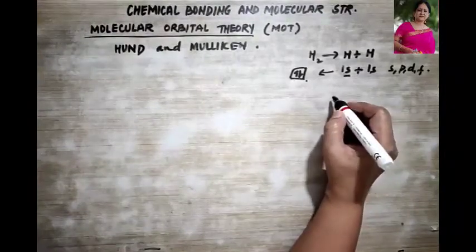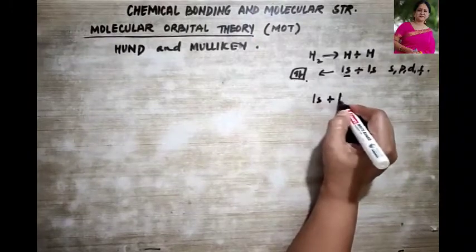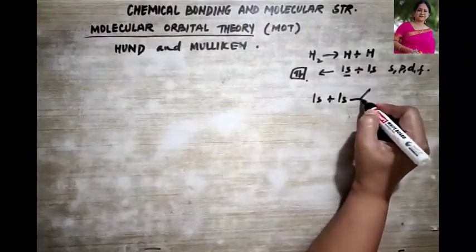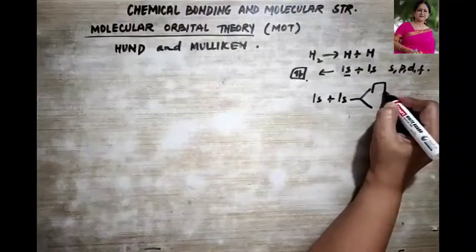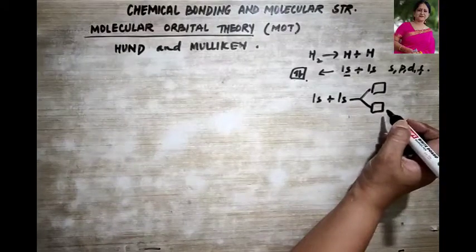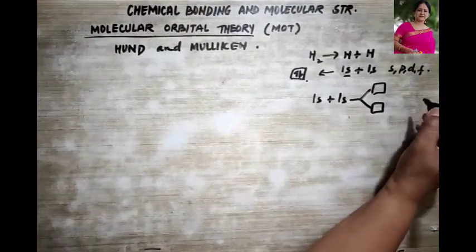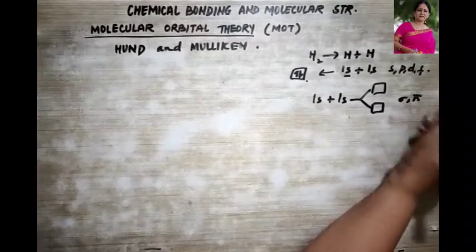So 1s plus 1s is going to give rise to an equivalent number of new orbitals, and they will be given in terms of sigma or pi.